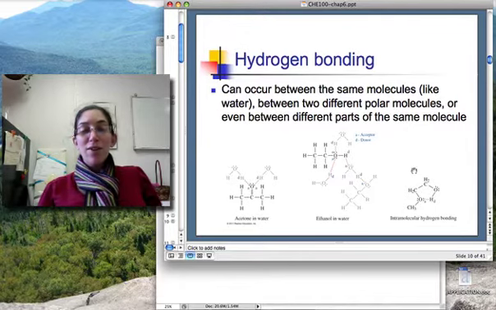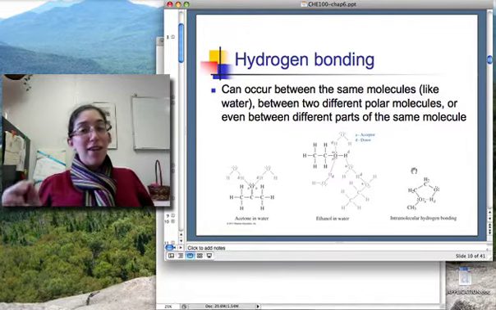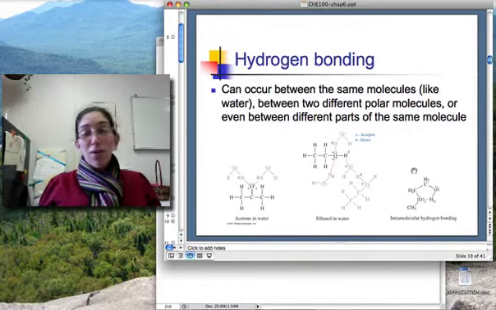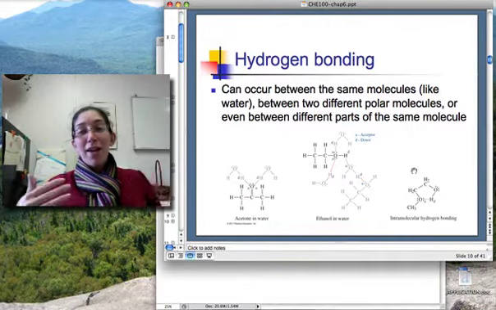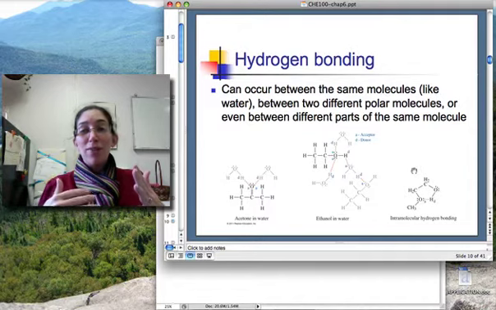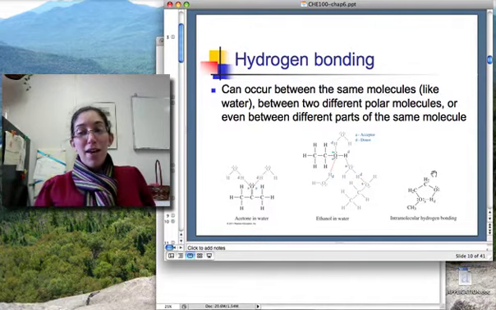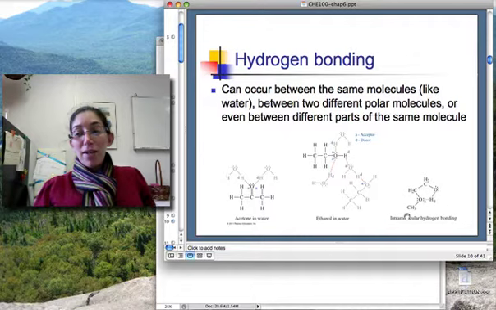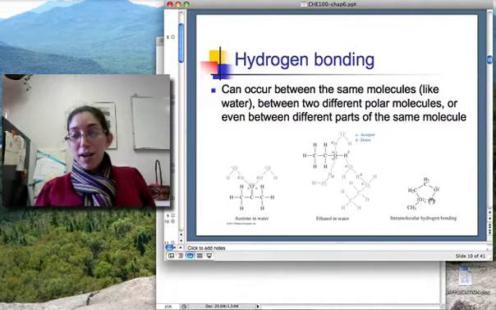And lastly, you can also get hydrogen bonding within a molecule. So if you have a very large molecule, it can fold up on itself, and different atoms within the molecule can engage in hydrogen bonding. And you'll see this big time when we talk about proteins and protein structure. Hydrogen bonding is very important there. So here's an example of a molecule where this red dotted line is showing you hydrogen bonding.